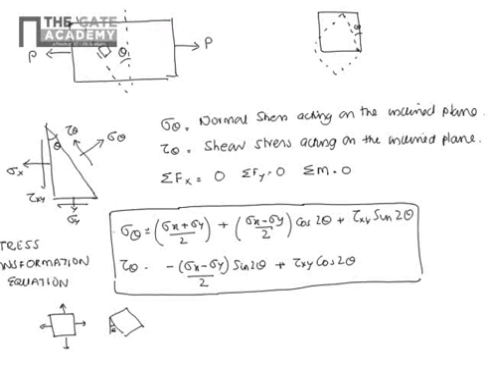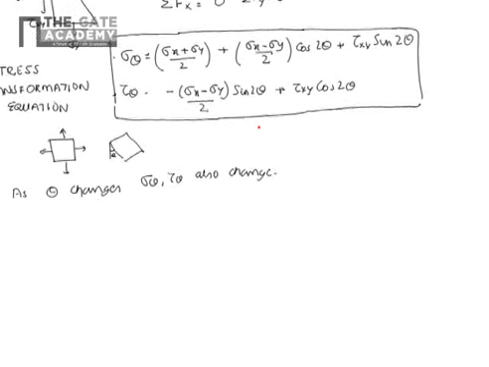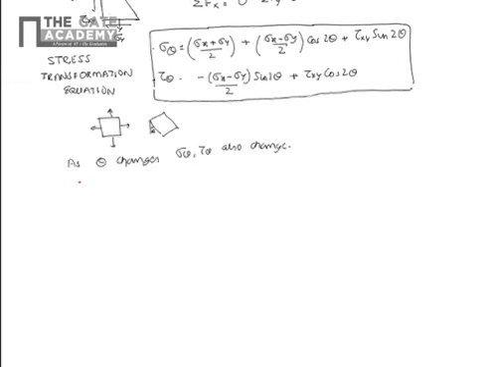From these two equations, what we understand is that sigma theta and tau theta vary with theta. As theta keeps on changing, sigma theta and tau theta also change, because they are functions of cos 2 theta and sin 2 theta. And we can see that for one particular value of theta, called theta p, the normal stress becomes maximum.